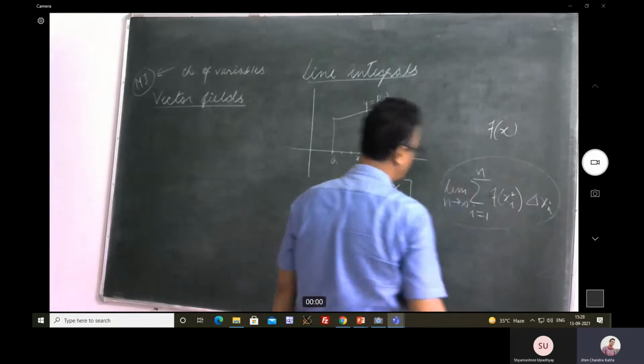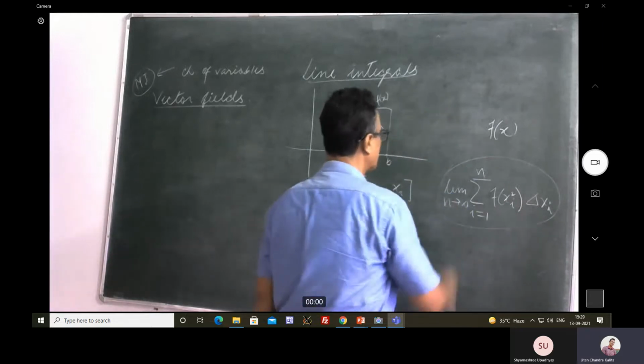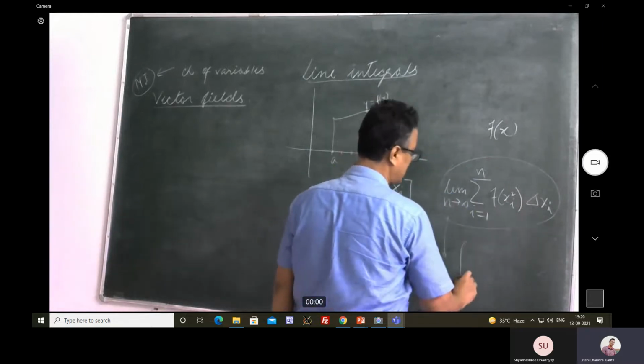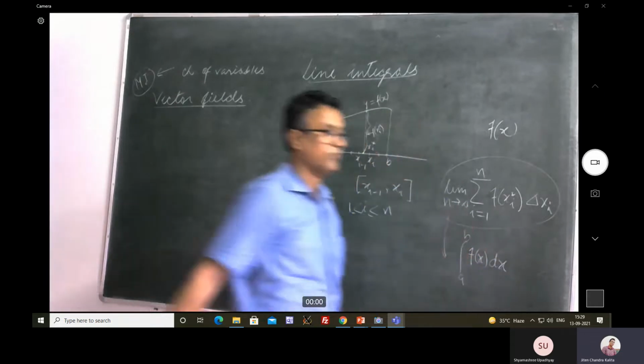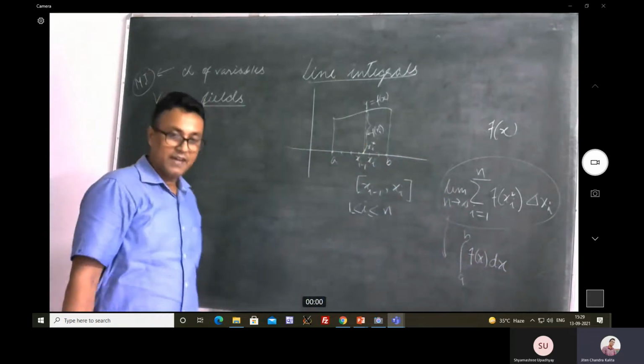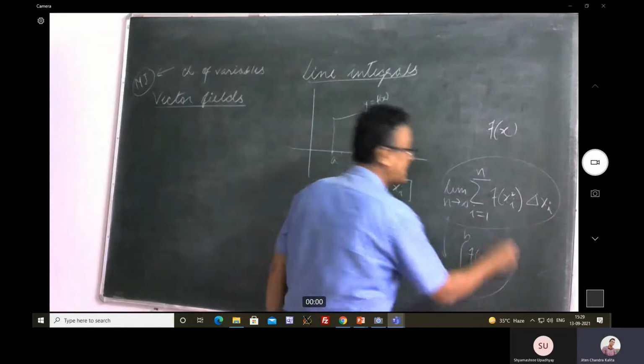This is a Riemann sum, of course assuming f is continuous. It gives the definite integral of f of x from a to b. In fact, this was also an example of a line integral.